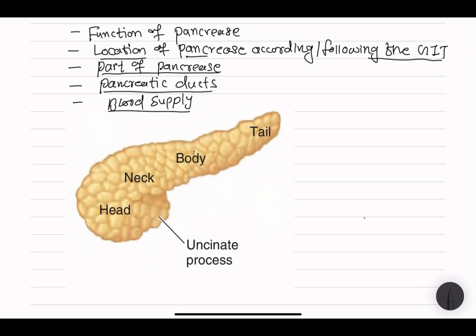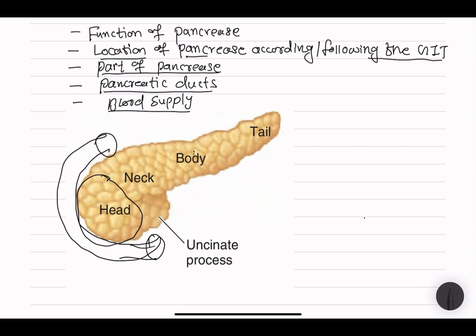So the parts of the pancreas we have to know: this part is the head of the pancreas, which is located in the second part of the duodenum. It's like the C type, the duodenum. It's located at the second part of the duodenum, and this is the neck.